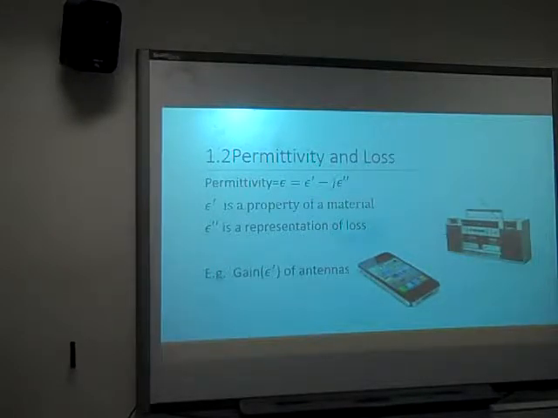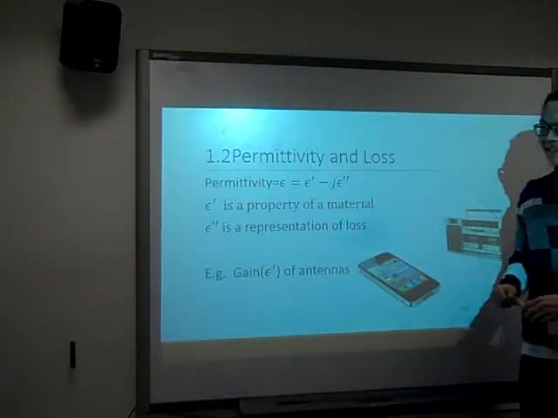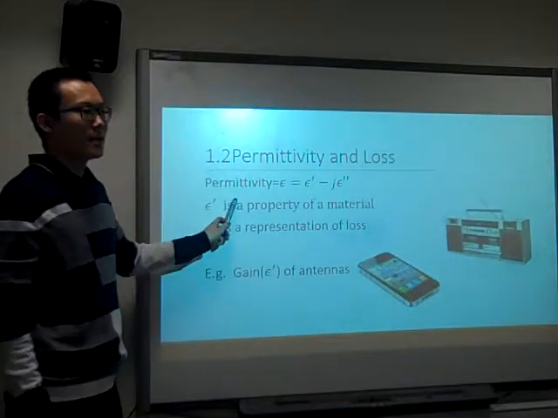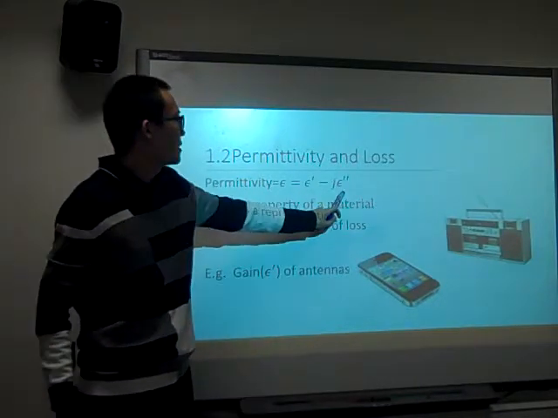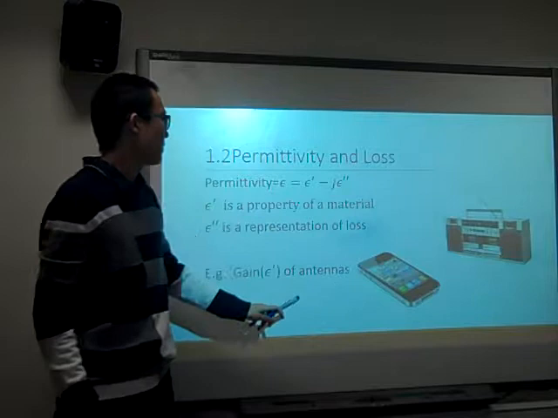So this is called a complex number, and this is the real part, and this is the imaginary part. Sorry, I don't know how to spell it. Imaginary part. So permittivity is a complex number, with a real part and an imaginary part.